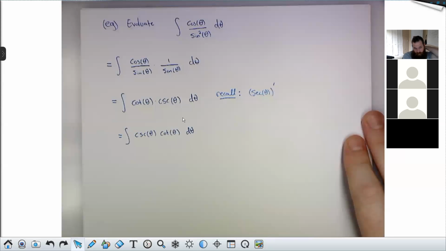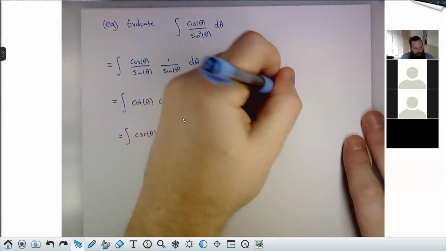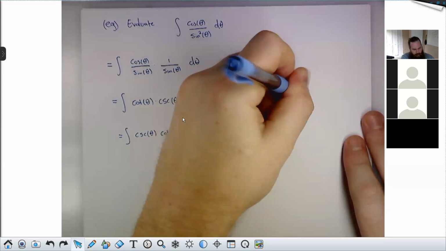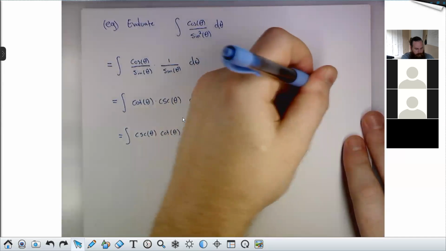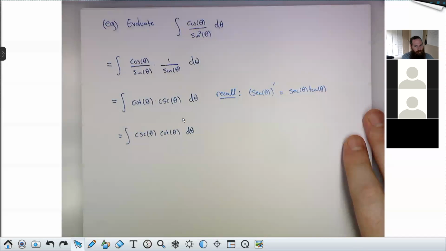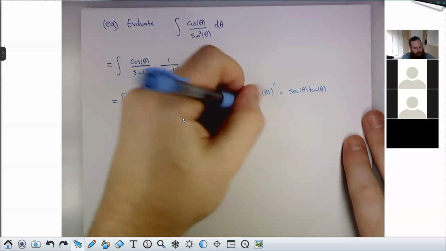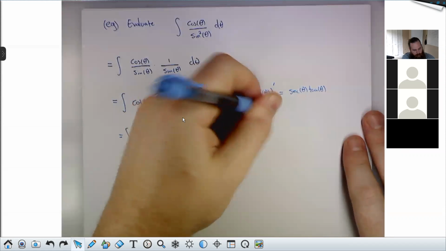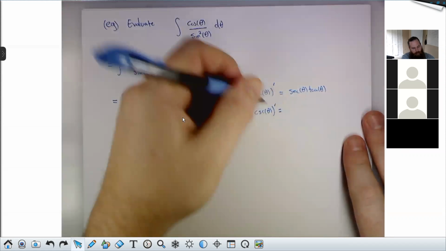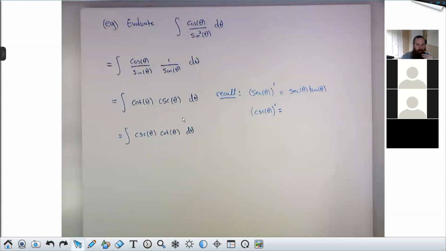The derivative of secant, regular secant, is secant tangent. Does anybody remember the derivative of cosecant? I'm going to pause on this for a minute. I want feedback from you guys.